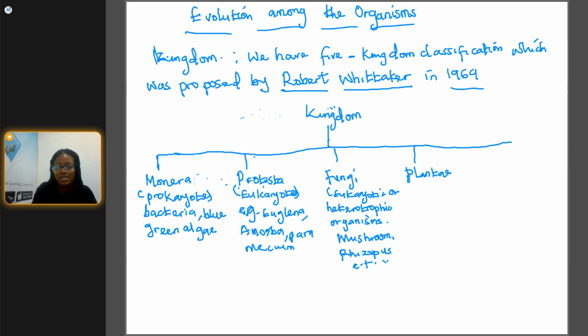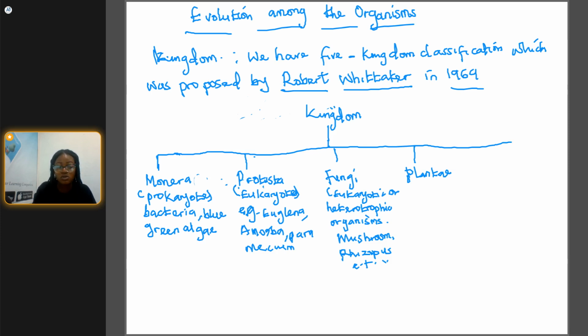Okay, so the Plantae, if you look at this word very well, it comes from the word plantain. You can say plantain is a plant, right? And plants can manufacture their food by themselves. So that should tell you that kingdom Plantae also belongs to the category of plants. So they are autotrophic. They can manufacture their food by themselves.